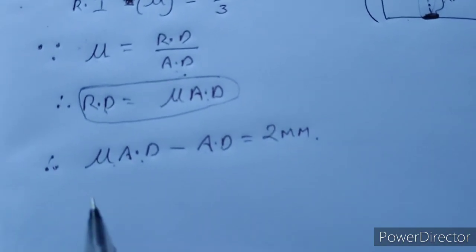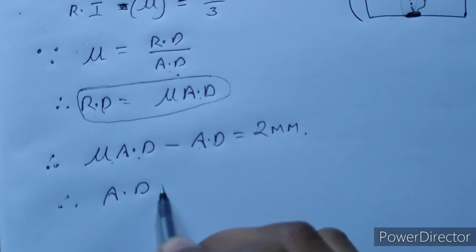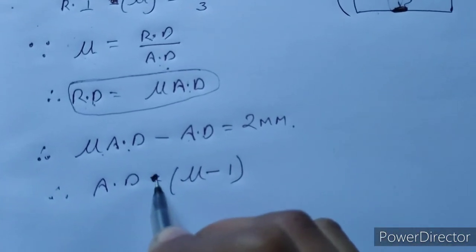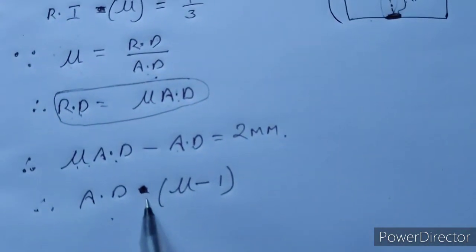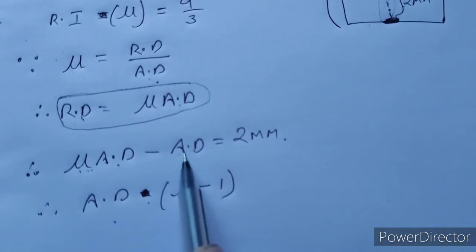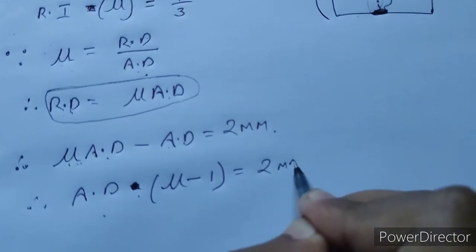Apparent depth is common, so I take it common. Apparent depth, bracket open, refractive index minus 1, bracket close, equals 2 mm.